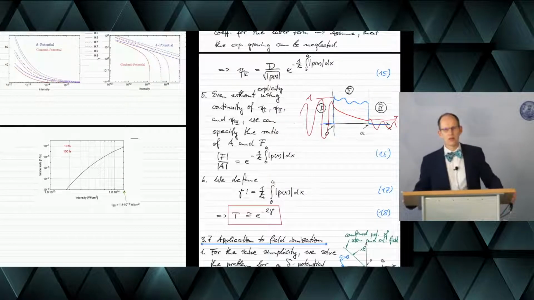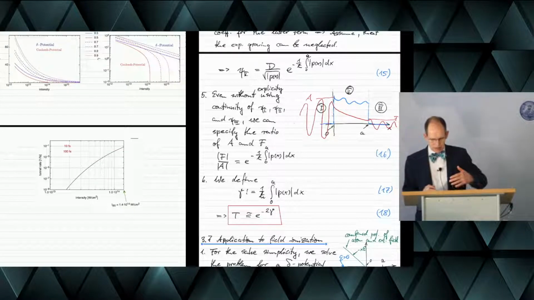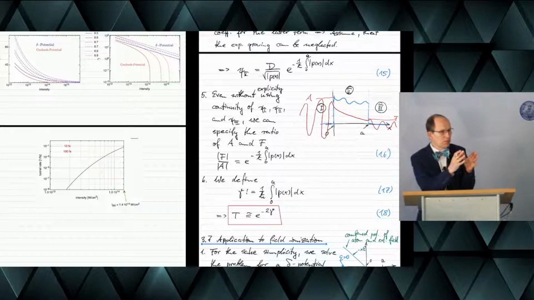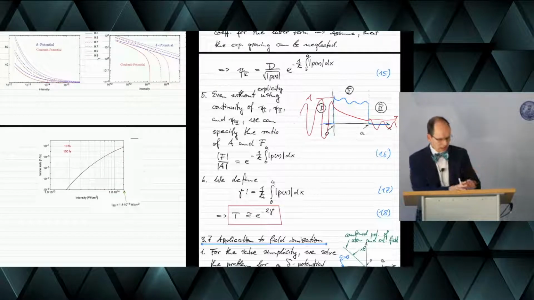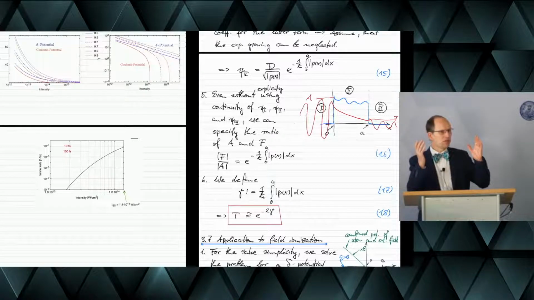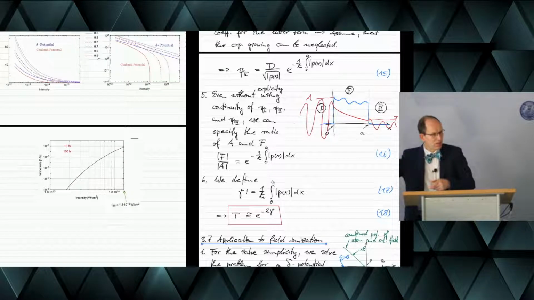It means, so we always speak of a certain probability, right? And let's say the rate of ionization would be 1 over 10,000 per femtosecond. Then if you have a 10 femtosecond pulse, the probability that after these 10 femtoseconds the atom is ionized is 1 over 1,000.